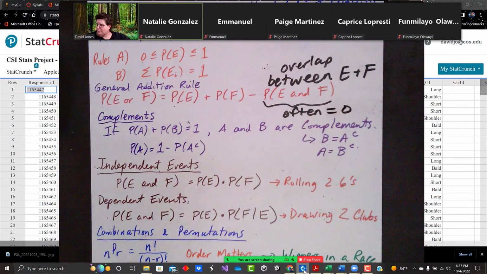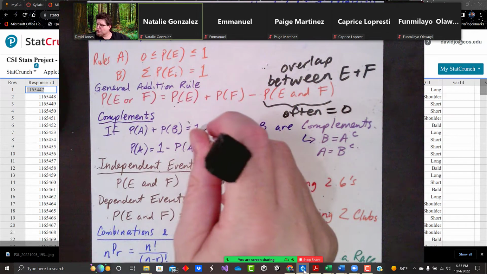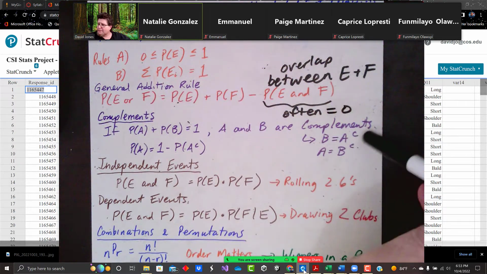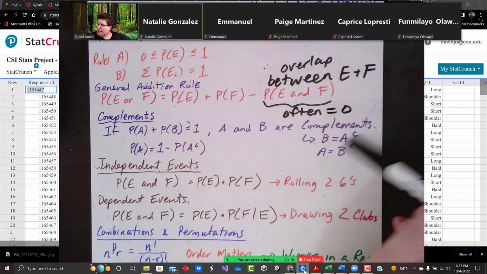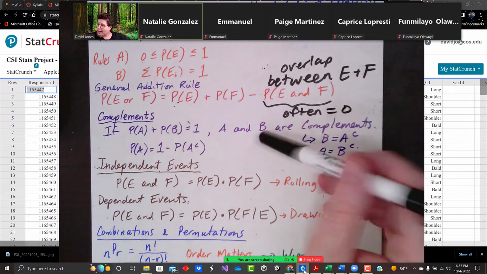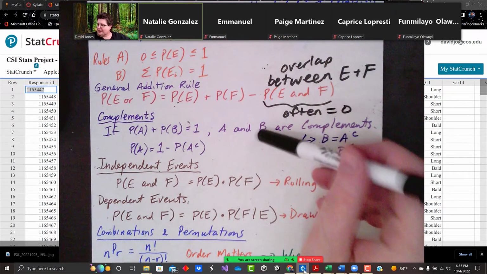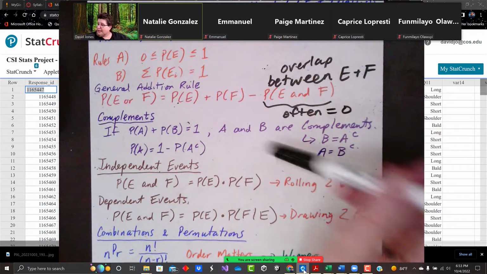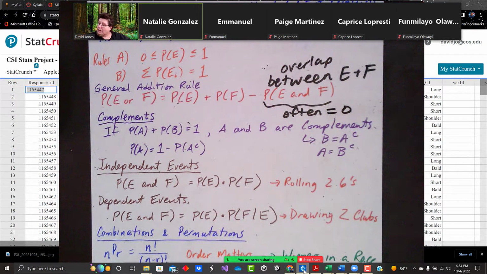And the probability when we add them up equals 1 because there's only 2. We call these complements, and we can write it with a C as a superscript above. So A and A complement, B and B complement. We use this a few times.